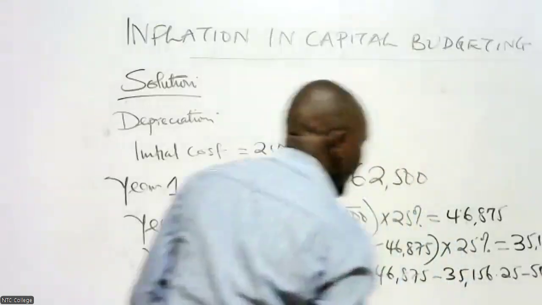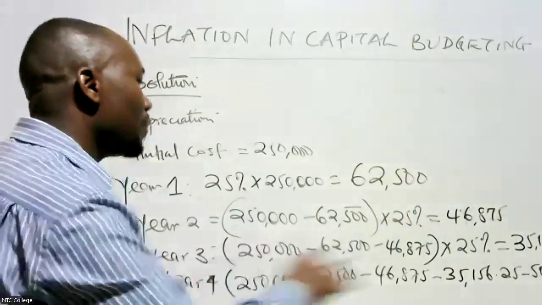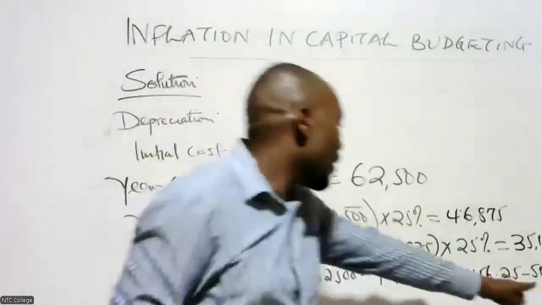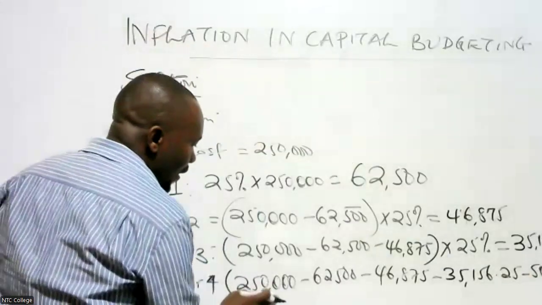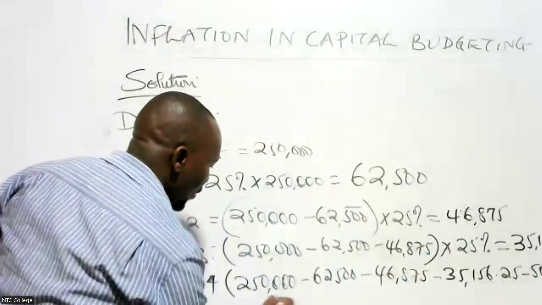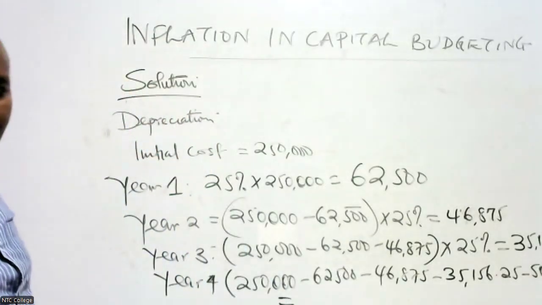What we are going to have is going to be assumed to be the full depreciation for year 4, because at the end of the day, we only need to have 5,000 as the balance. So whatever is the difference between this and all these is going to be the depreciation for year 4. What is the answer?